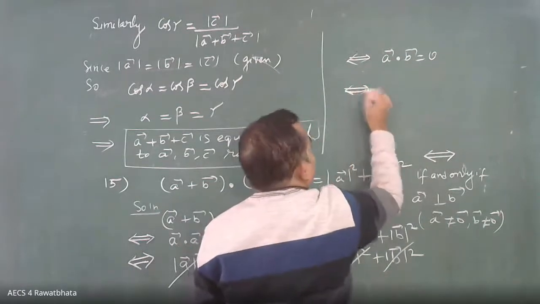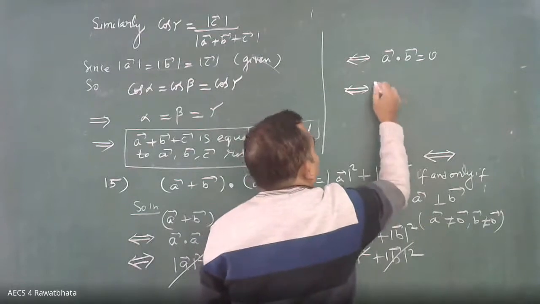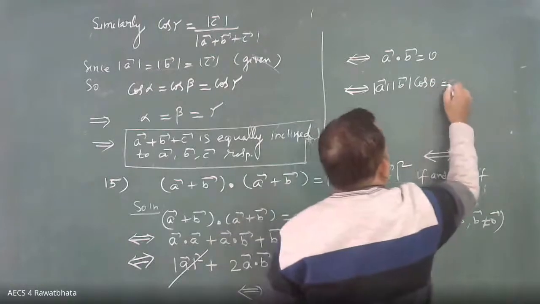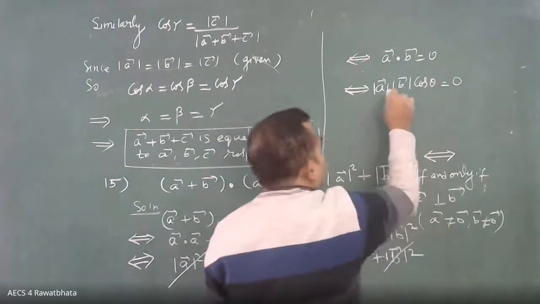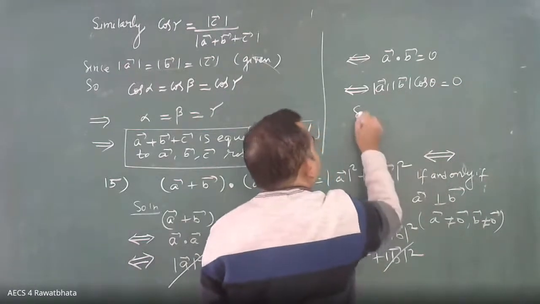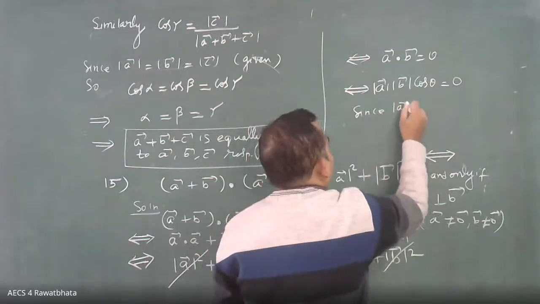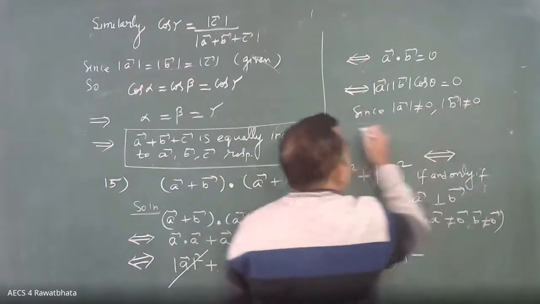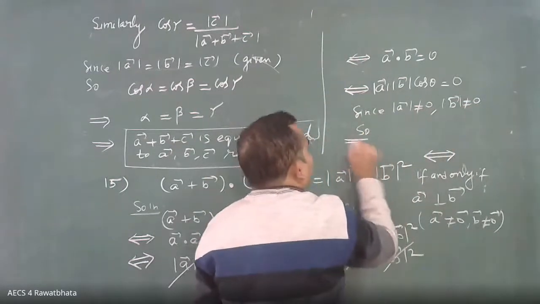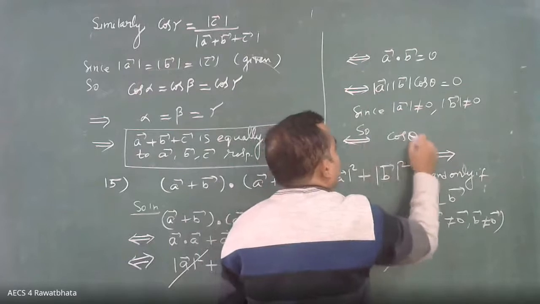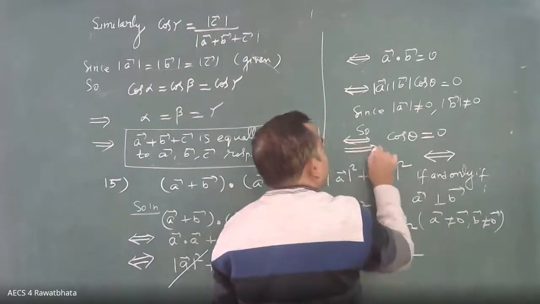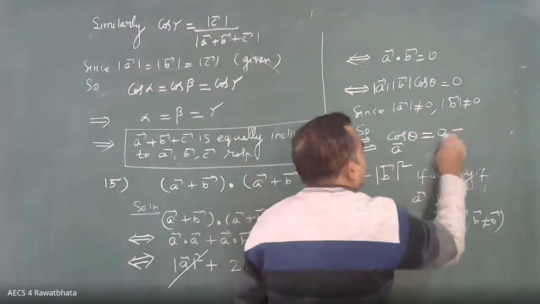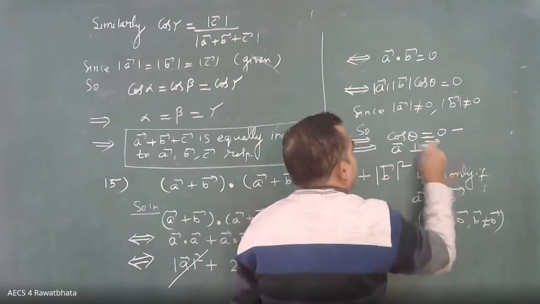And what does this mean? A dot B equals magnitude of A, magnitude of B, cos theta, and this is 0. It means either mod A is 0, or mod B is 0, or cos theta is 0. Since mod A is non-zero and mod B is non-zero, cos theta must be 0. And if cos theta is 0, it means A vector is perpendicular to B vector.